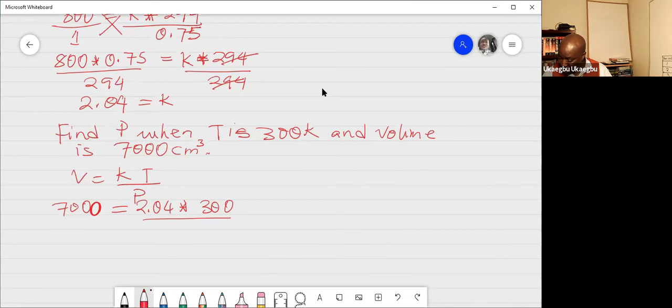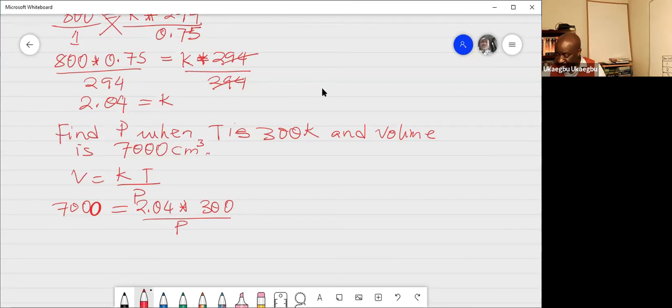We found the K, right? And then they gave us temperature 300 Kelvin, and they gave us the volume 7,000. And then they want us to find P.